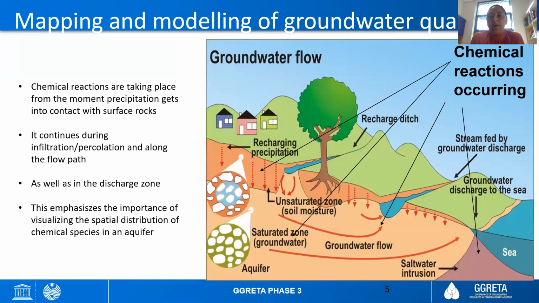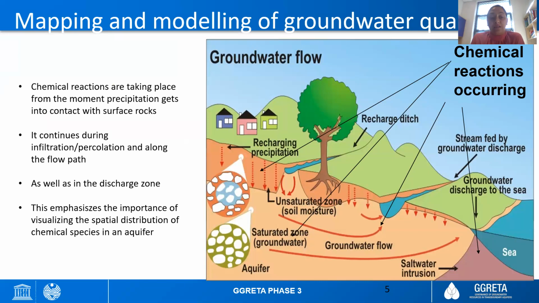When we think about mapping and modeling of groundwater quality, we need to take into consideration that chemical reactions are taking place from the moment that rainfall hits your surface rocks, during the infiltration or percolation process, along the flow path, as well as in the discharge zone.